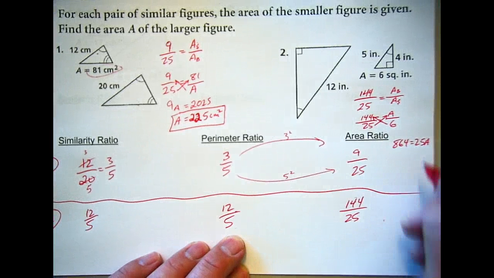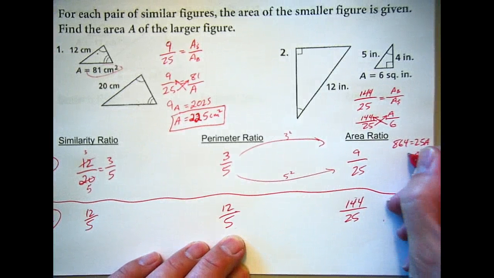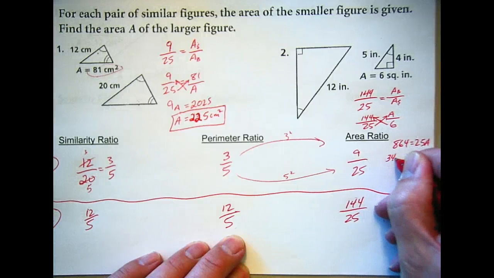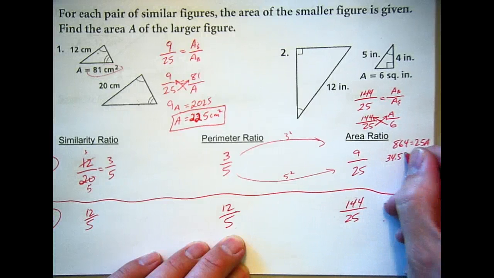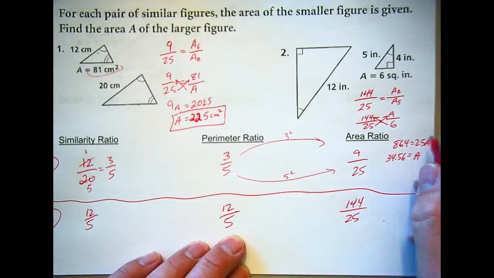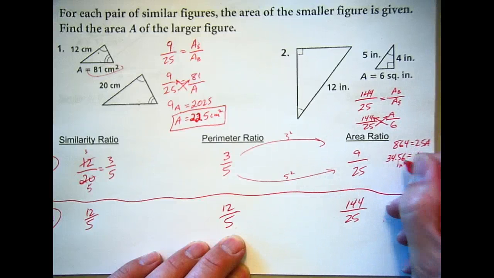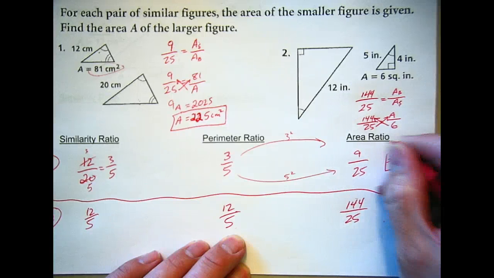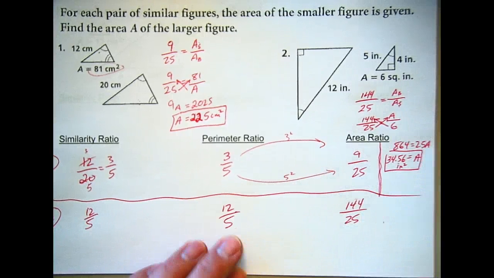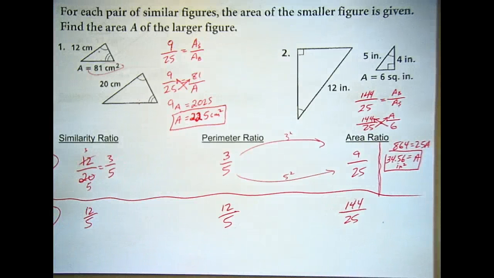So A is 34.56, and we'll call that square inches. Okay, how many got it?